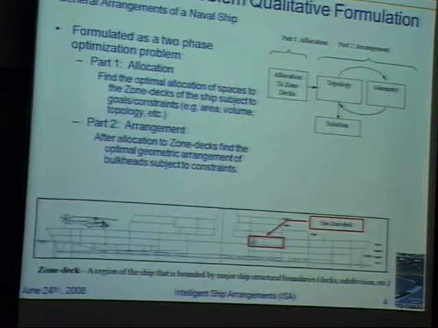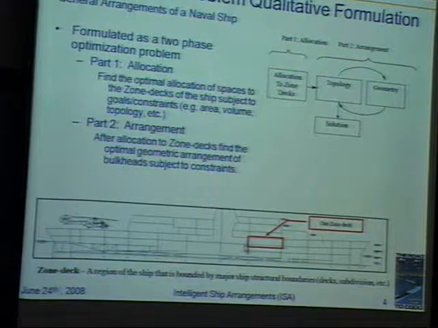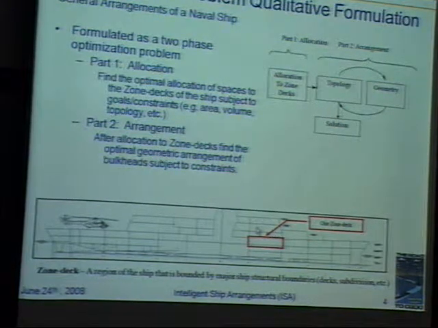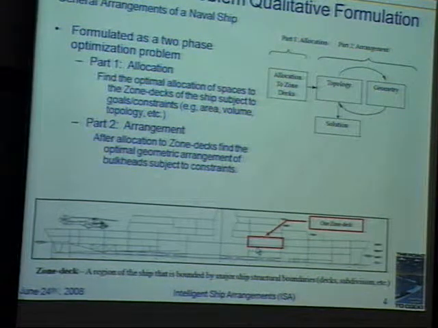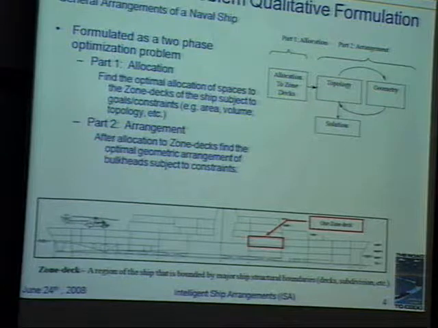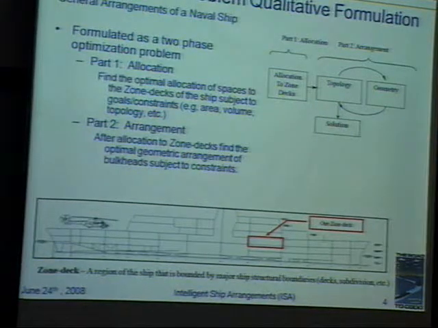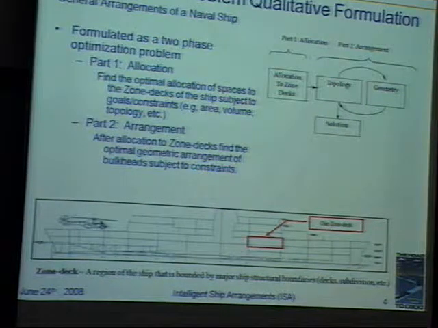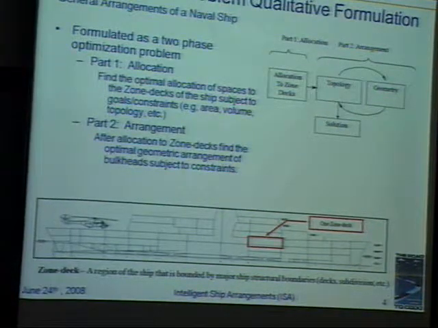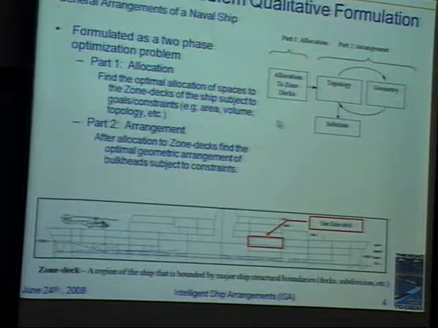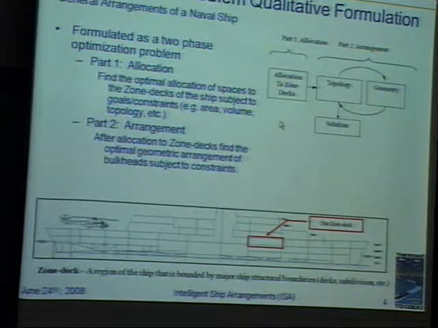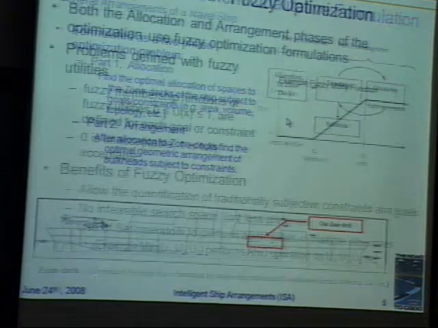So we have these zone decks. There are about 20 or 30 zone decks, and we have about 600 spaces to allocate inside them. First, allocate the 600 spaces into the 20 zone decks, and then for each zone deck, arrange the geometry of the spaces to make the solution.